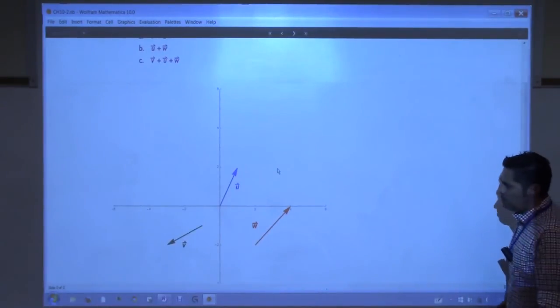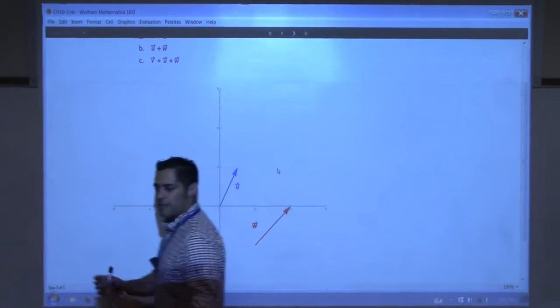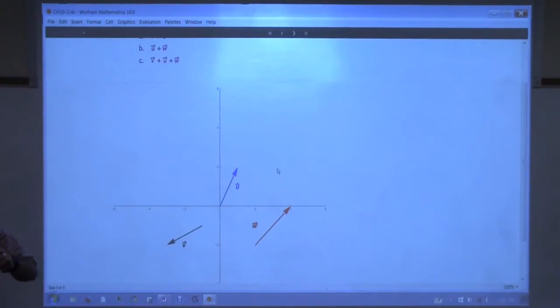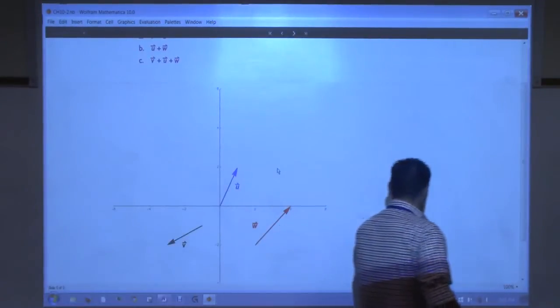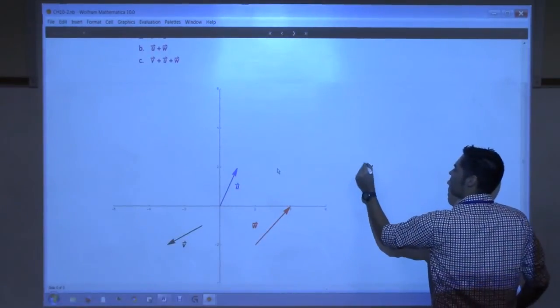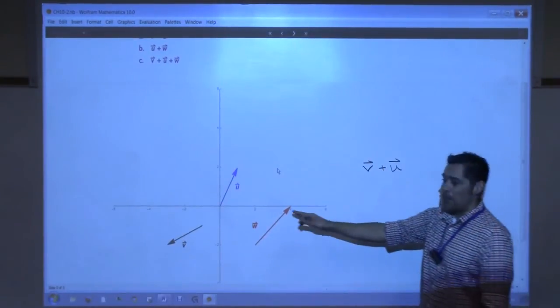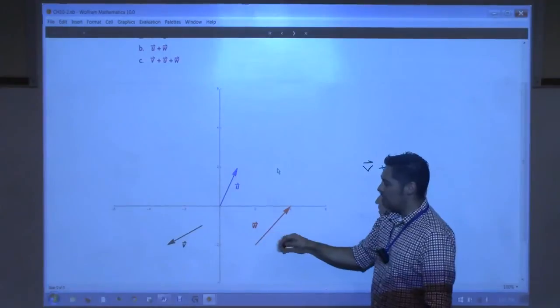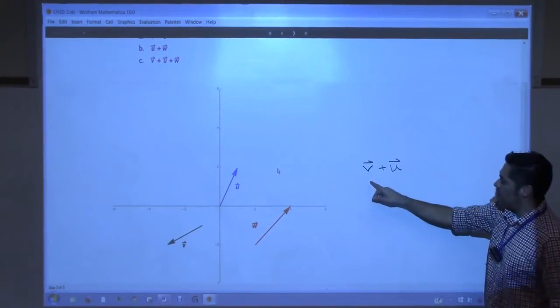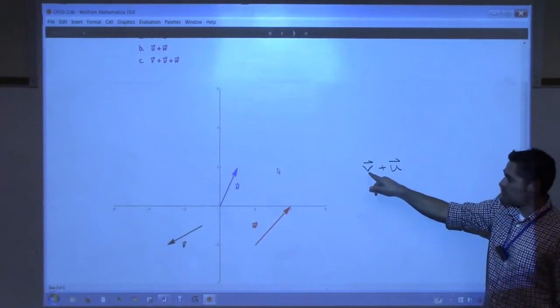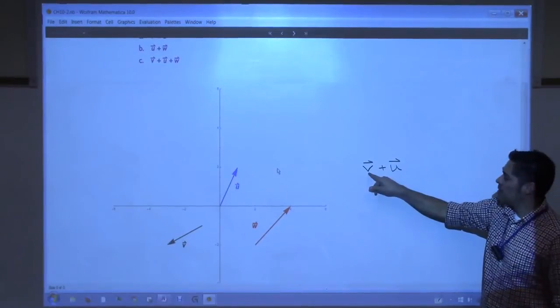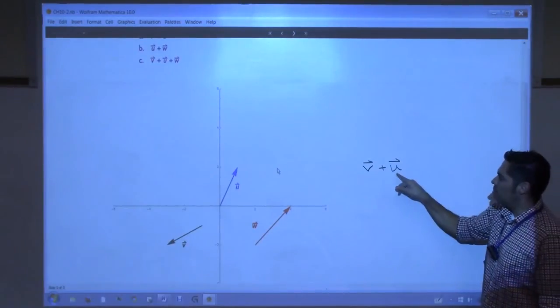When we add two vectors, we attach the tip to tail. If I'm going to do the vector v and add to it the vector u, and all I'm given is a picture of u, v, and w, then what I need to do is take v, leave it where it is, and add to it u.